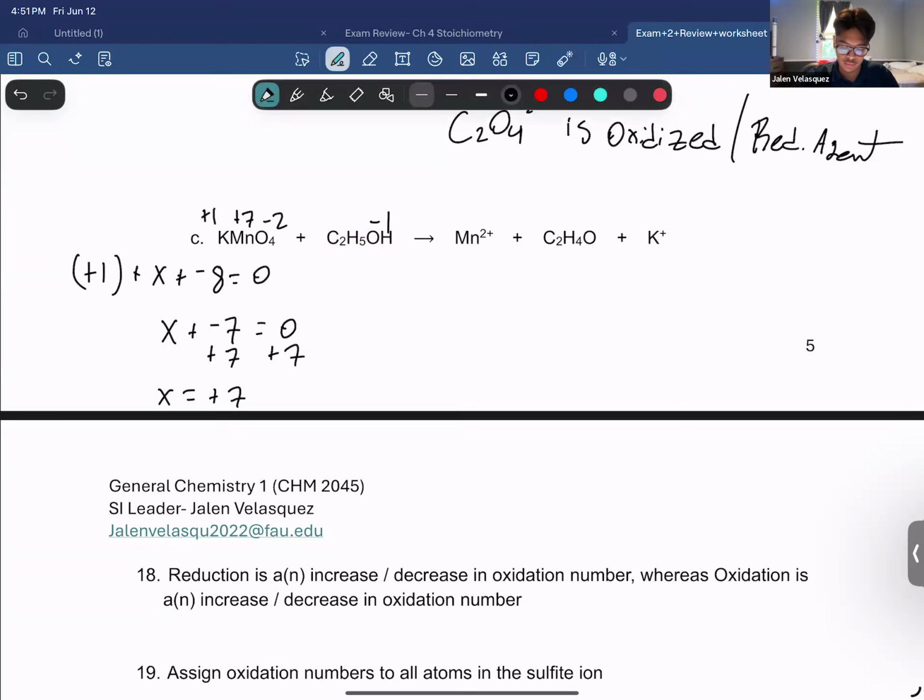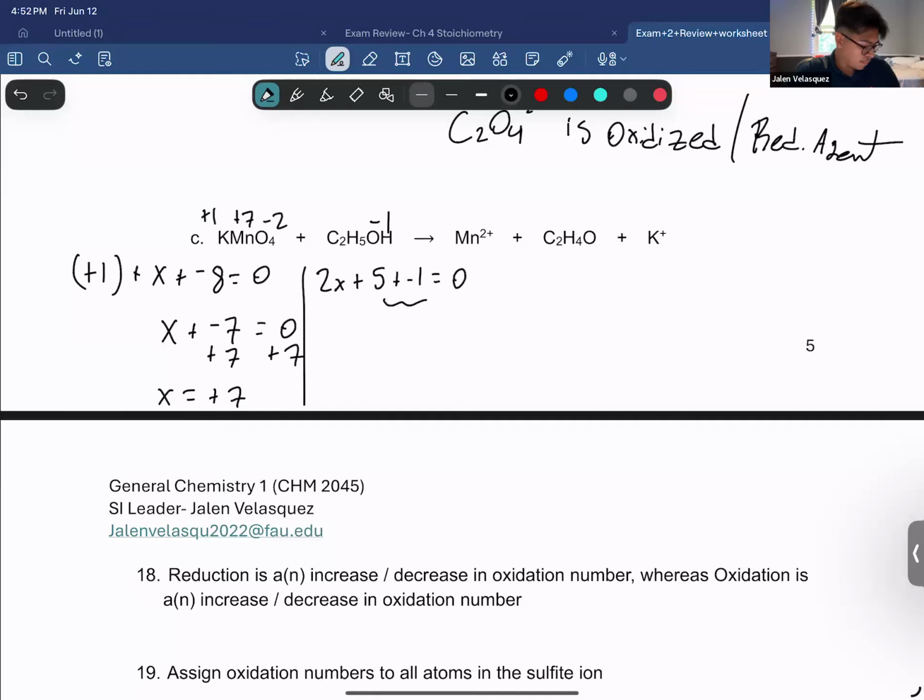We have to figure out what carbon is. So again, we're going to write an equation for that. So we have 2x plus 5 plus -1 equals 0. We can combine these.